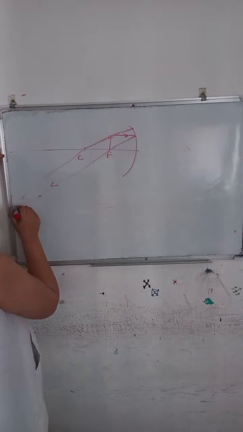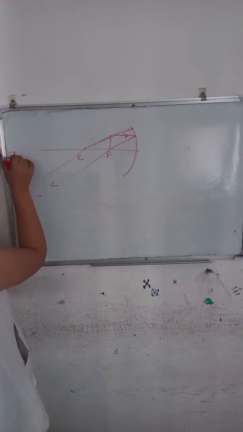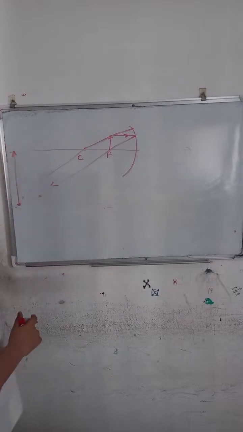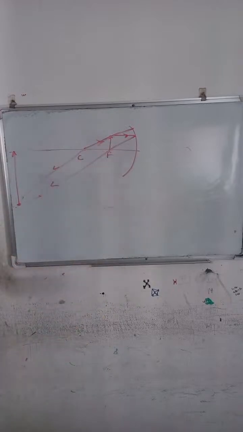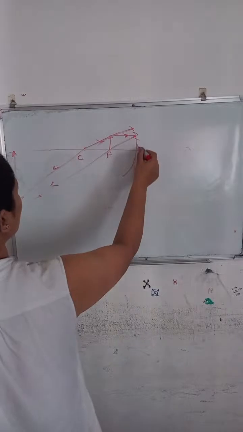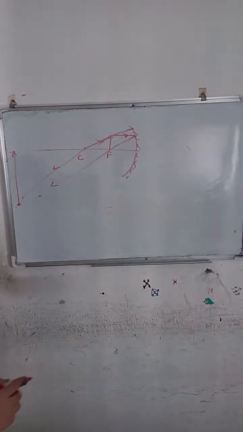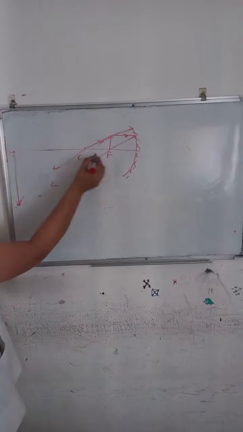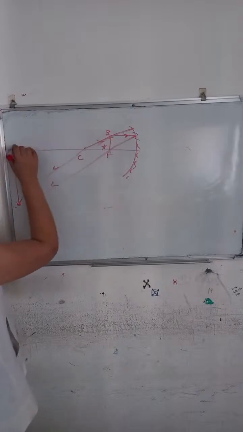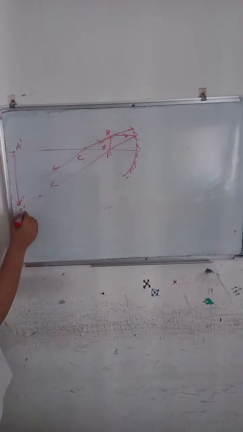Somewhere they get intersected, and you will get the magnified image. You can do it properly, mine is very bad. This is the concave mirror, and the image we are getting is real and inverted. Suppose this is AB, then this is A dash, B dash. That's it.